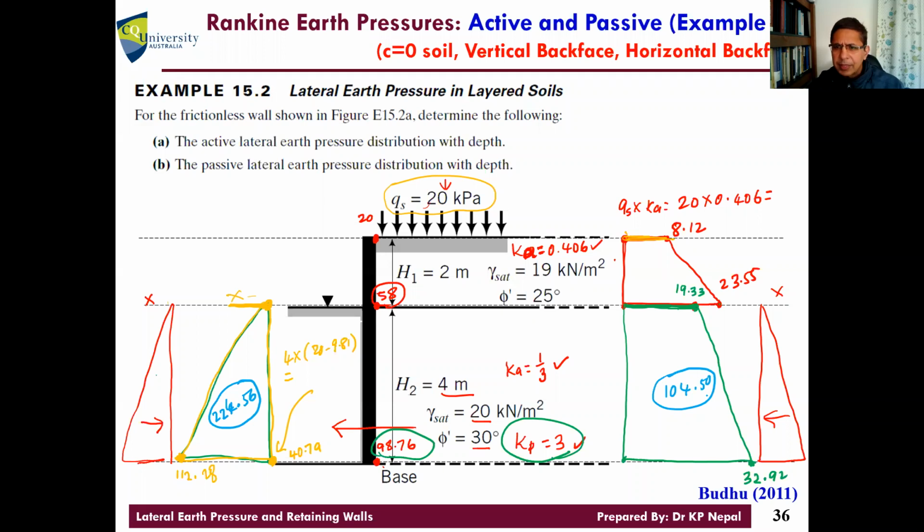Yeah. So what is the area of the first one? So 8.12 plus 23.55, divided by 2, multiplied by the top layer, which is 2 meter thick. 31.67, did you get this?